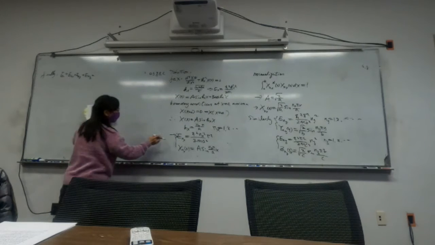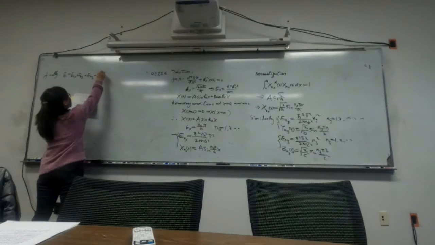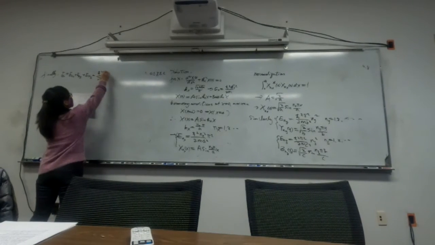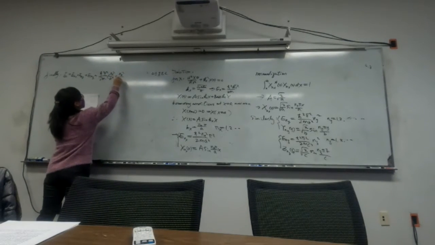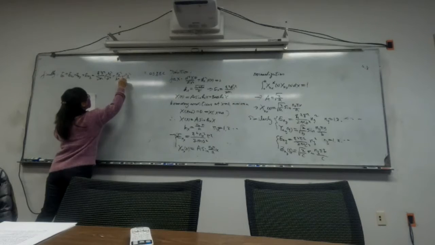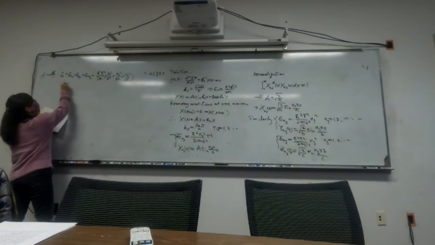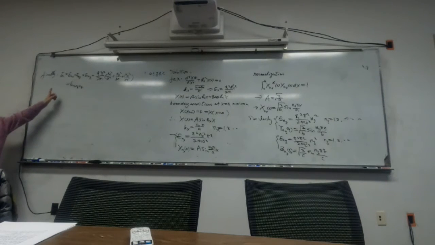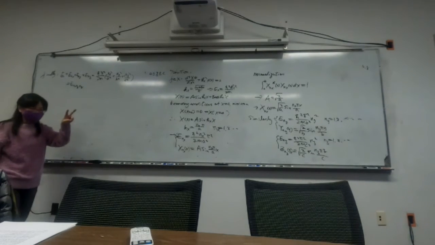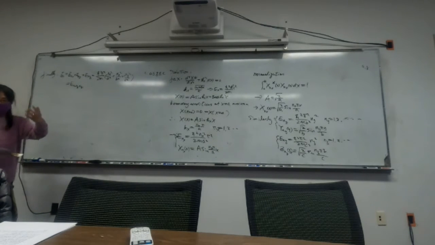I take the same factor outside, so we have ħ²π²/2m times (n_x²/a² + n_y²/b² + n_z²/c²). The energy depends on three quantum numbers. For a given set of three quantum numbers, you have one energy. So you can change n_x, n_y, and n_z, and then you will change the energy.